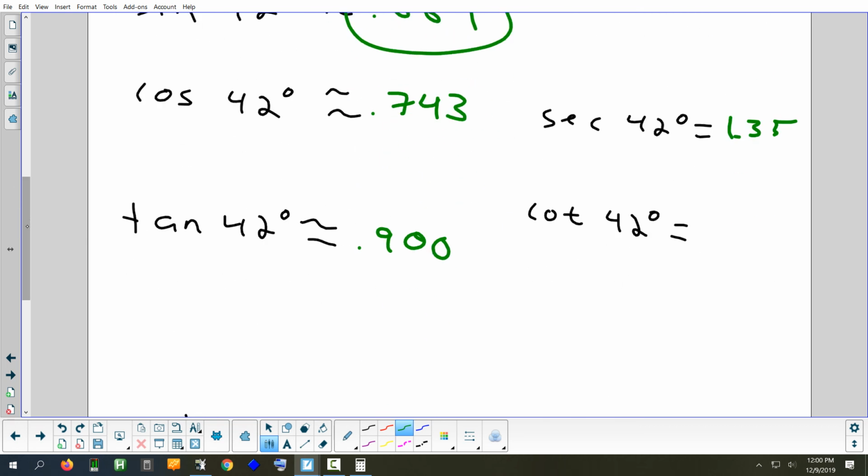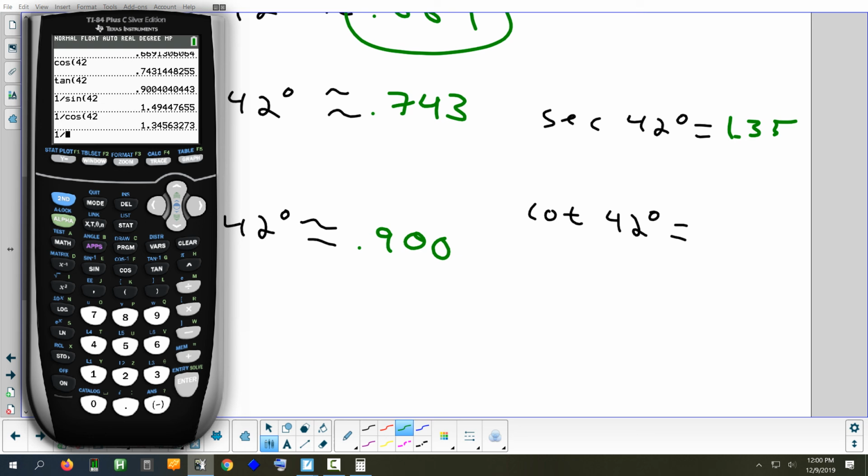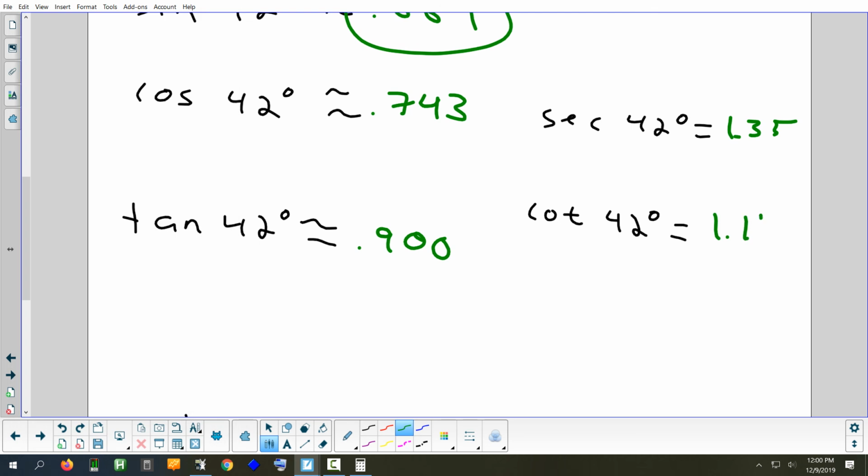So we have to get the cotangent using the same idea. So in general, what do you do to get the one on the right if you have the one on the left? Yes, just flip it. 1 divided by tangent 42. 1.11.